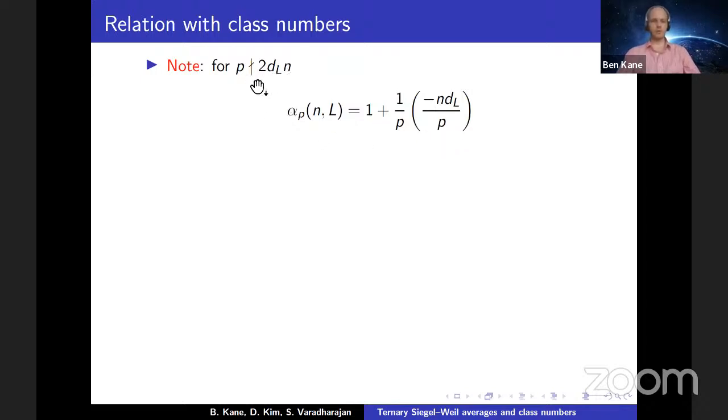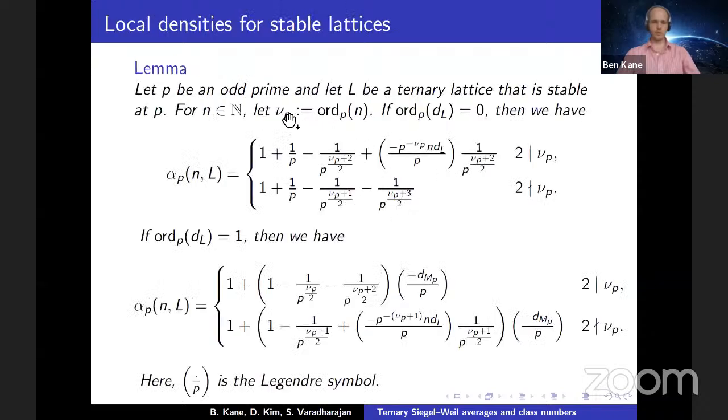So in the case when the prime does not divide D_L N, that would mean that if p does not divide the discriminant, and it also does not divide N, and it's not 2, then we're in this first case, and nu sub p is 0.